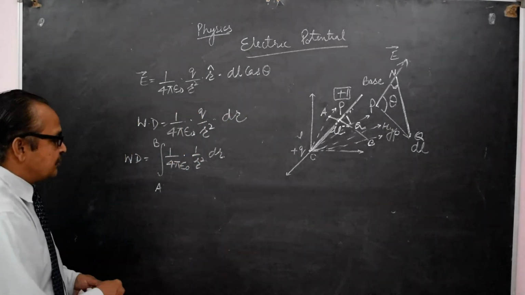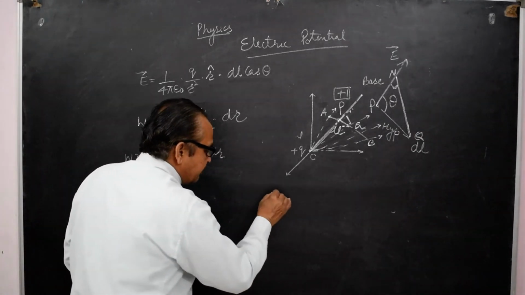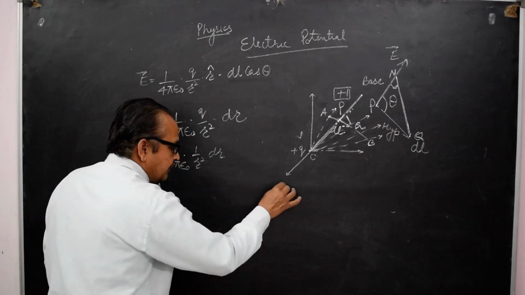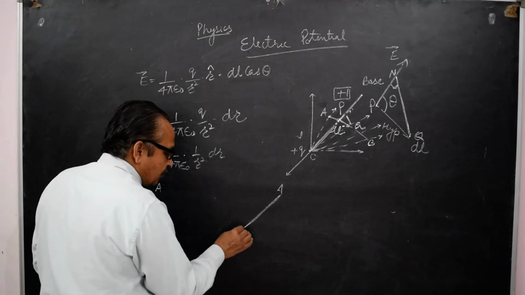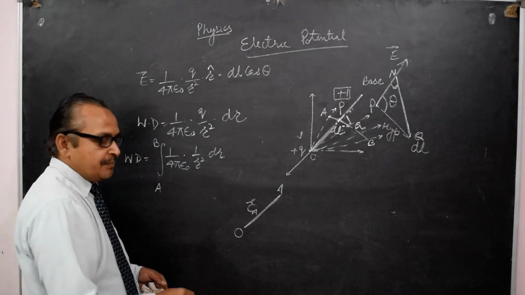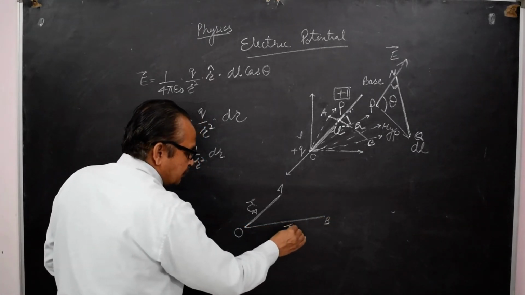Now I have to see what is the limit of a. Limit of a means the position vector of a. This is a, this is origin. So position vector is ra. This is origin, this is b. So position vector is rb.